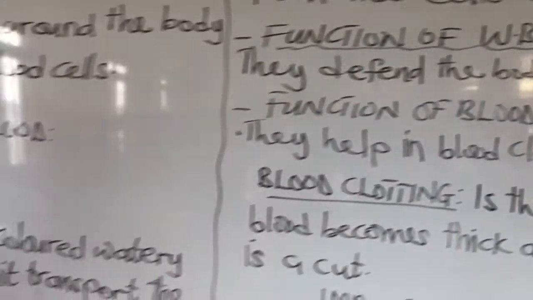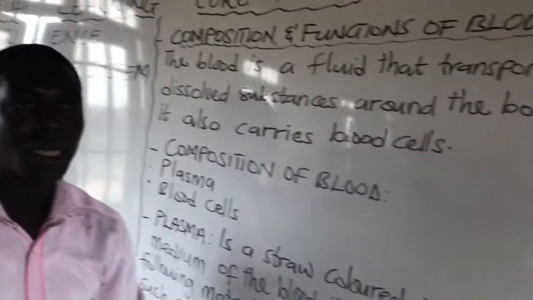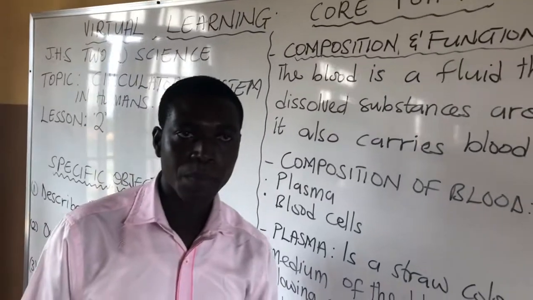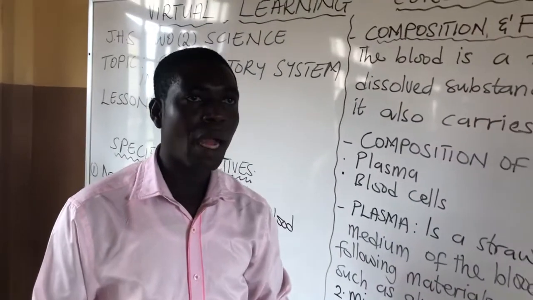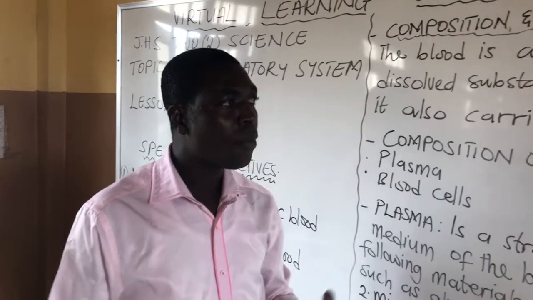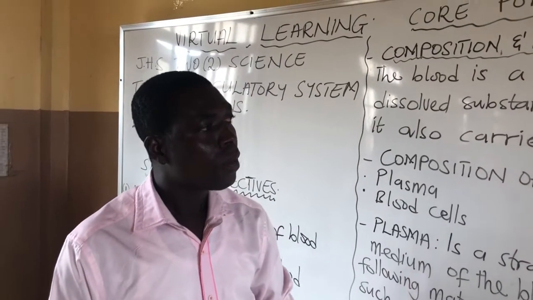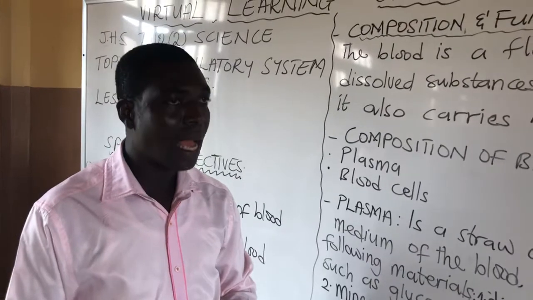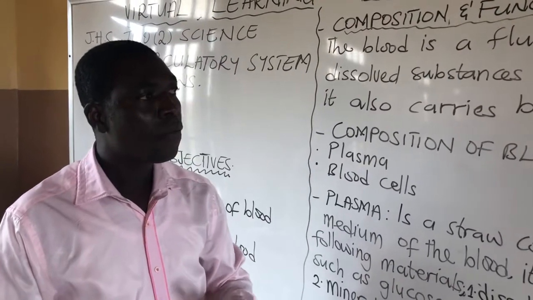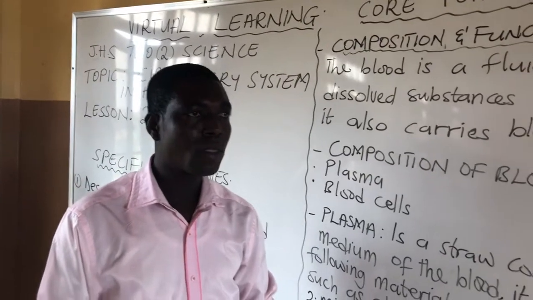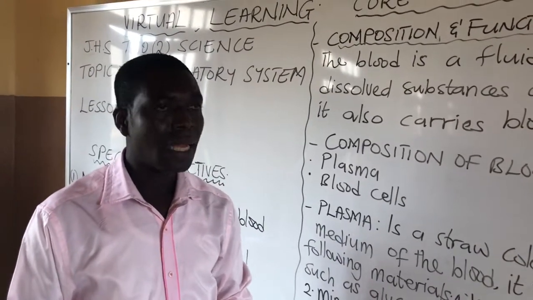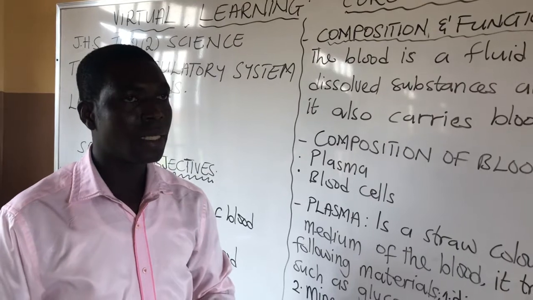See, anytime diseases attack the body, they first attack the blood, because the blood is a very important component in our body. So when they are able to disorganize the blood, or infect the blood, it means that the human being cannot withstand that kind of disease.